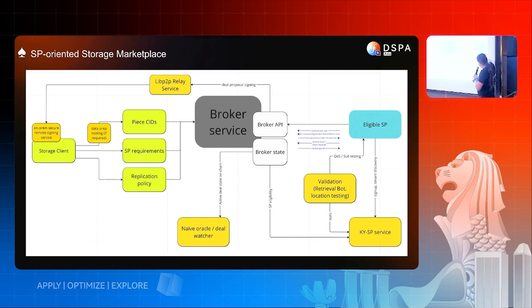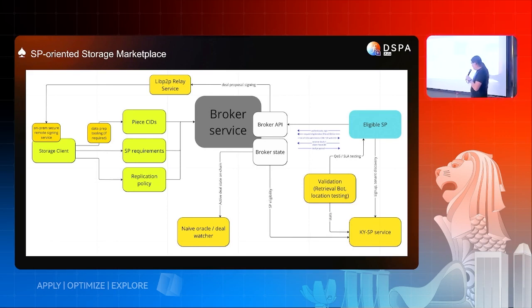This gives us a list of eligible SPs, and they are fed into the broker service, which then gives these storage providers storage deals when the storage providers request them. And I'll show you in a bit how this happens.